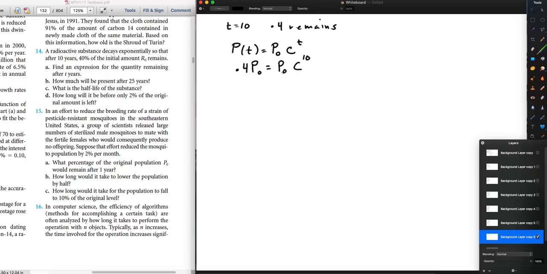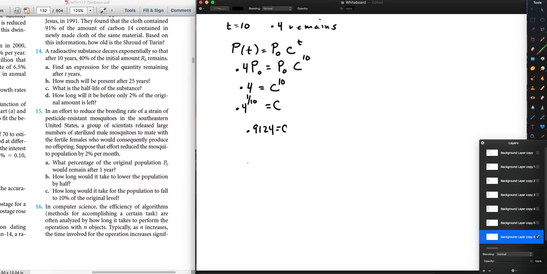Again, from here on out, divide out P0 from both sides. So 0.4 equals C to the 10. This time I'm looking for C, so that makes the algebra a little bit easier. It's going to be 0.4 to the 1 over 10. When you put that into your calculator, you'll get 0.9124.